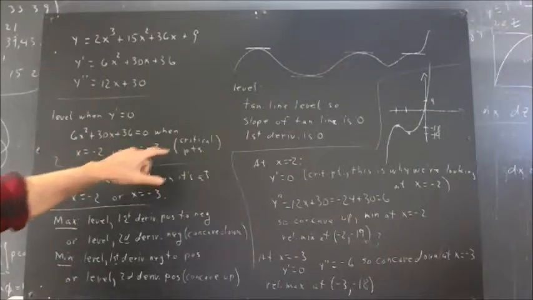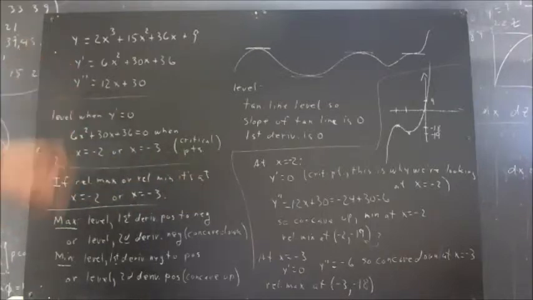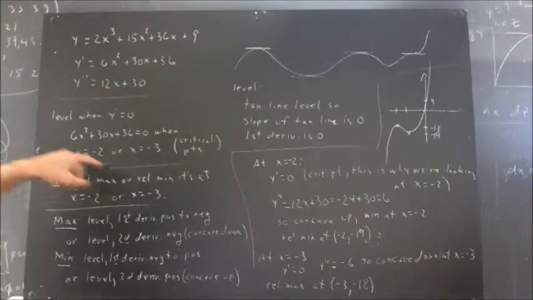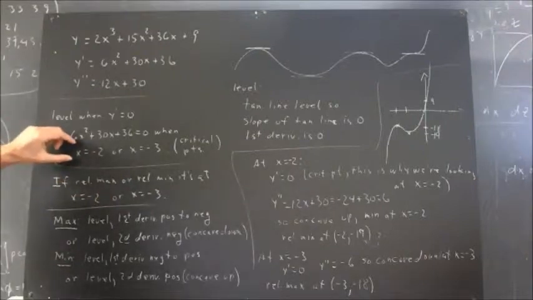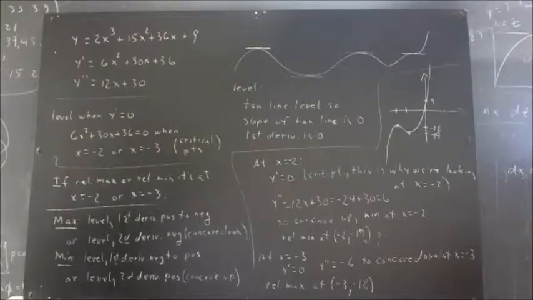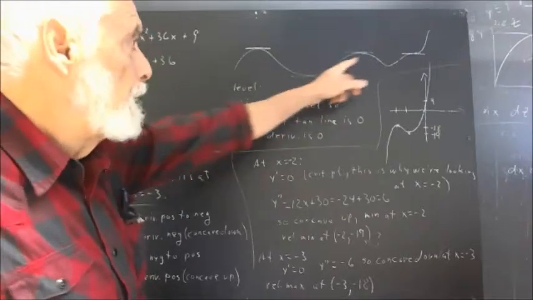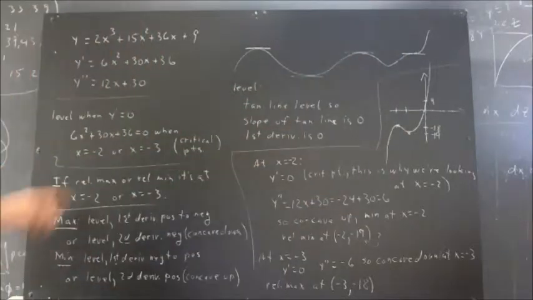We call these our critical points, the points on the graph actually, but the x values can also be regarded as critical. So the critical value of x is -2, and the critical value of x could be -3, meaning that the graph is going to be level. One of these types of behavior is going to occur at each of these points. So we look at the points one at a time.